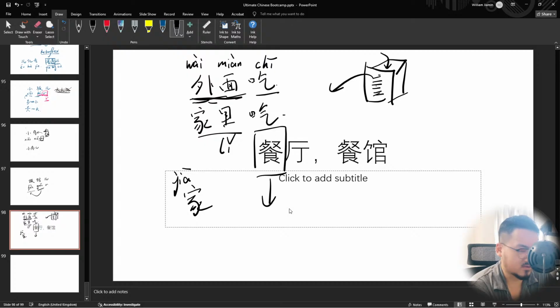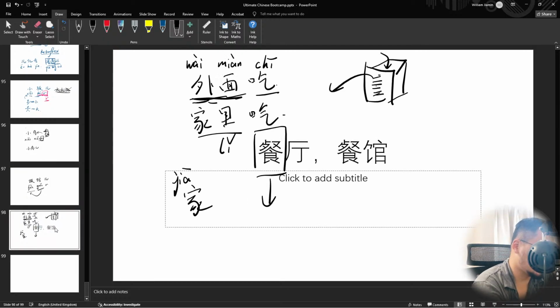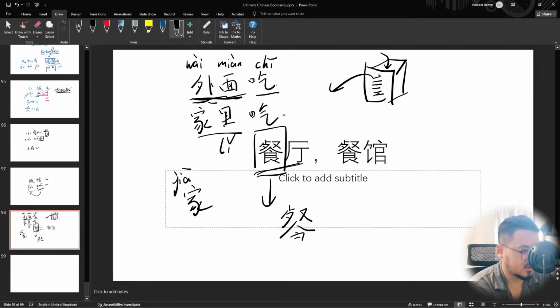I think it's more natural than 这是今天晚上吃饭的饭馆儿. Maybe some of the northern people say this, but I think this one is more widely used. 餐厅: 餐 has 食 on the right, like you eating, right? 厅 is like a hall.